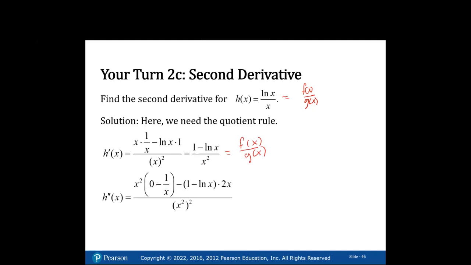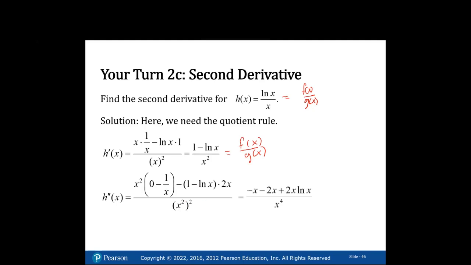Derivative of 1 is just 0, but we have a minus a 1 over x now, right? Minus, keep the top the same, f is regular, times g prime, which is 2x, and then the whole thing goes over the g squared. And now g of x is x squared, so x squared squared.